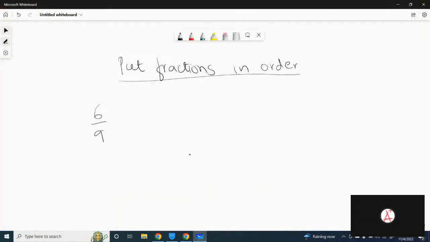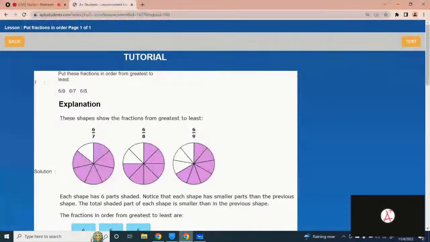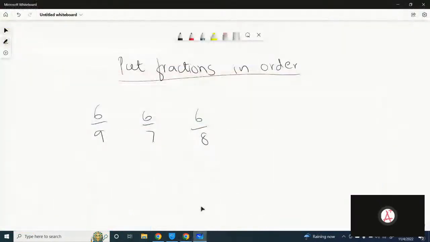You have to arrange them from greatest to least. So which one is the greatest? Greatest to least, you have to arrange them. Which fraction is the greatest one?